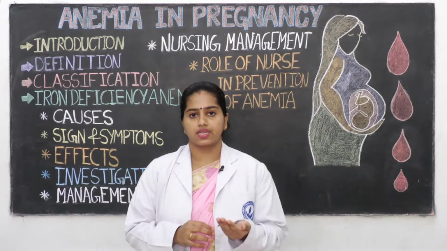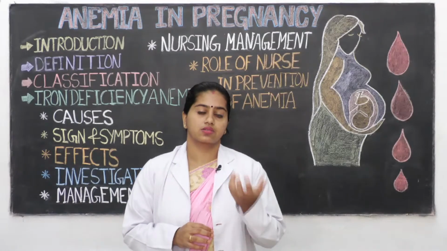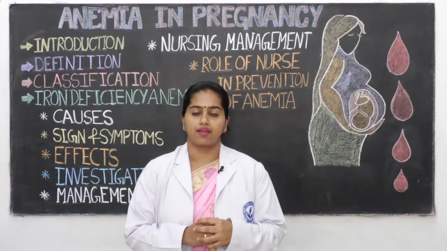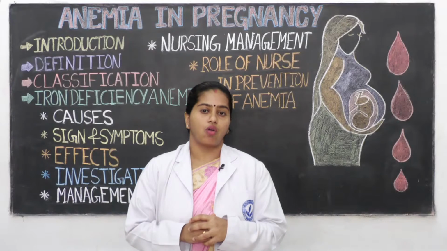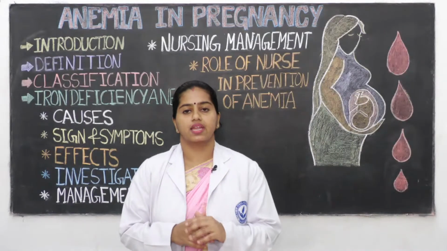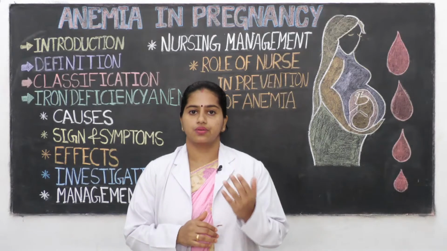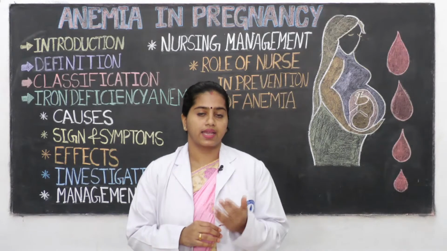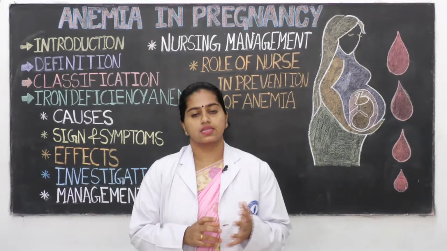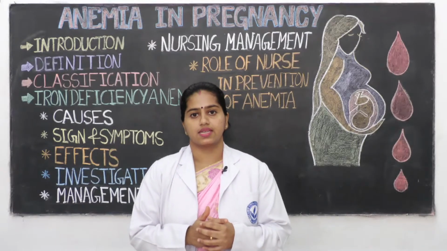Second one is, if the severity is high, if the woman is not taking the iron tablet properly, they are having some side effects, bloatiness, vomiting, nausea, not able to take the oral diet, then we can advise the mother to go with parenteral iron therapy. There is IV infusion and IM injection.